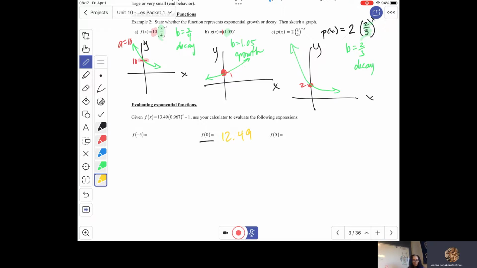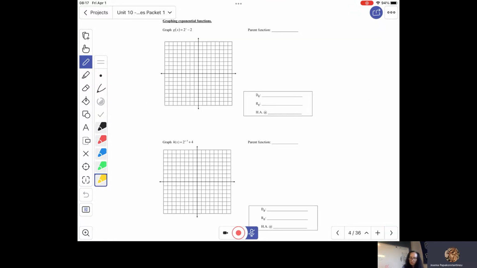What'd you get? Correct. And for 5? That's right. So again, I would enter this into the calculator, being very careful to put parentheses around your base and raising it to the x power. And then you can just go to your table of values and scroll to where x is -5 and x is equal to 5. Okay, so make sure that you can do that.